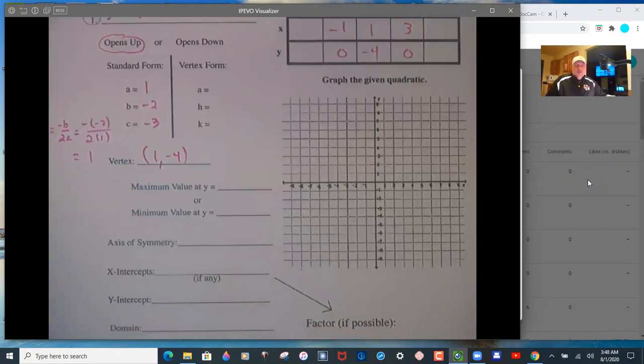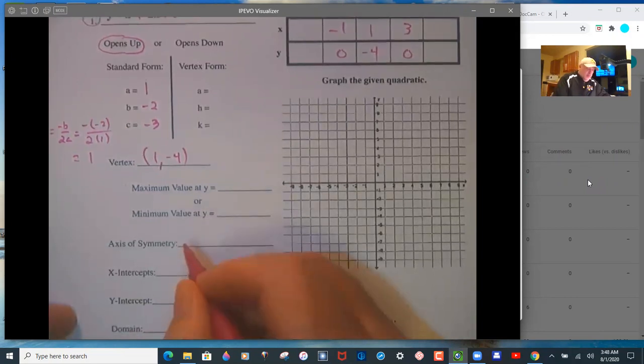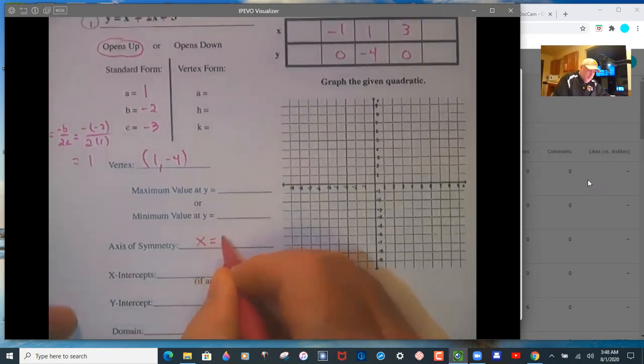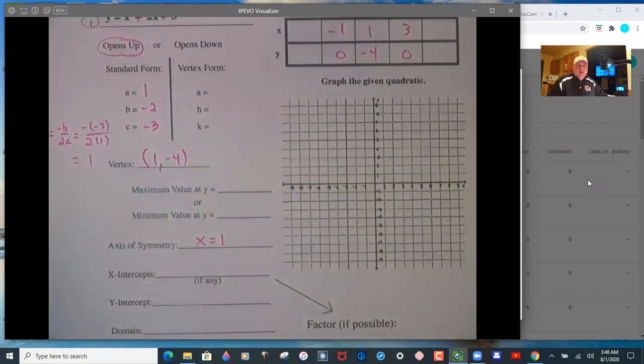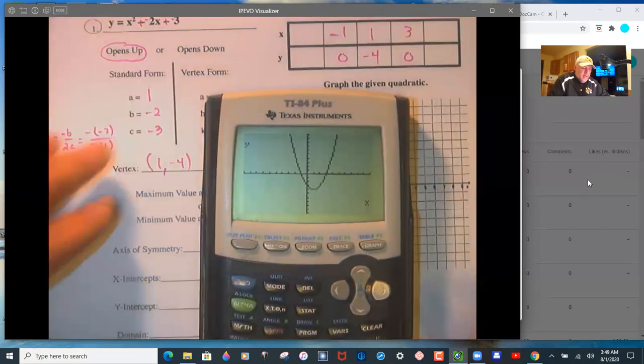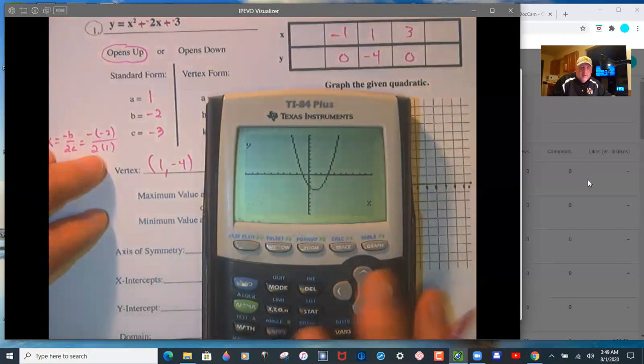Okay, so from this point, just go through this, and everything is pretty simple once you get the vertex. So your axis of symmetry is just this vertical line that runs through the x value of the vertex. The maximum or minimum, in this case, since this opens up, you have a minimum at the vertex.